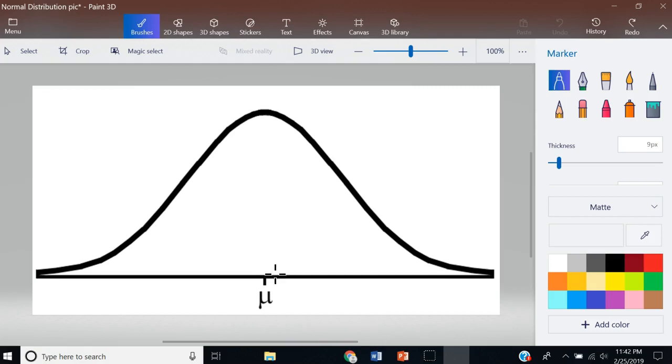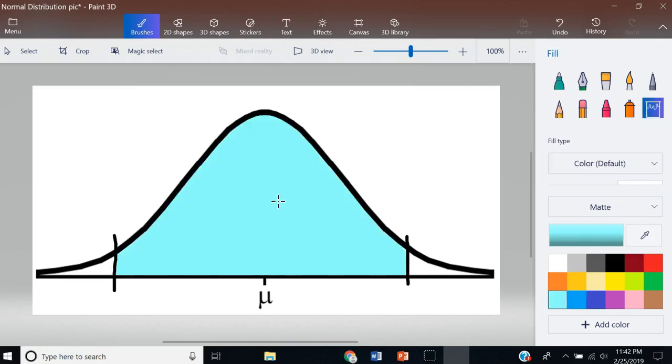Now what that means, let's say for instance that we wanted to find the middle 95% of this curve. So the middle 95% is going to have some sort of a value here and some sort of a value here, so that this middle 95% gets there. Now, what are these values going to be? Well, if you think about it, these values have to be a certain standard deviation away from our average.